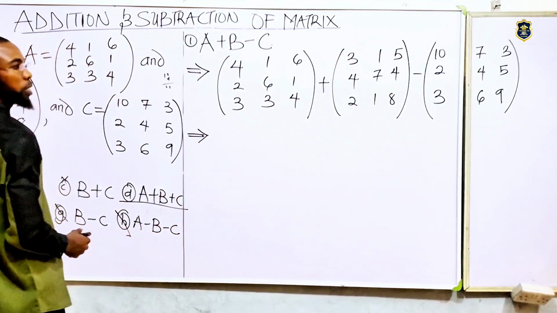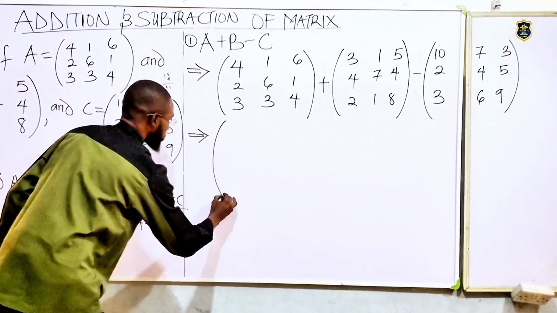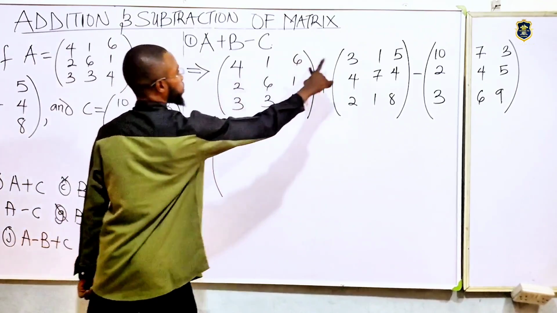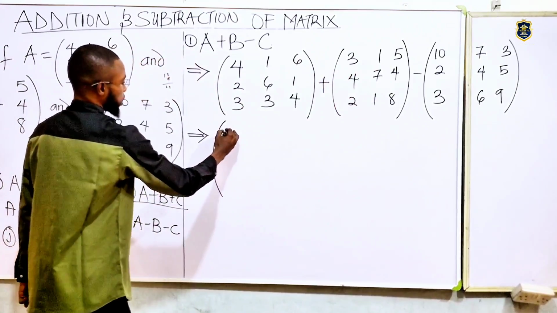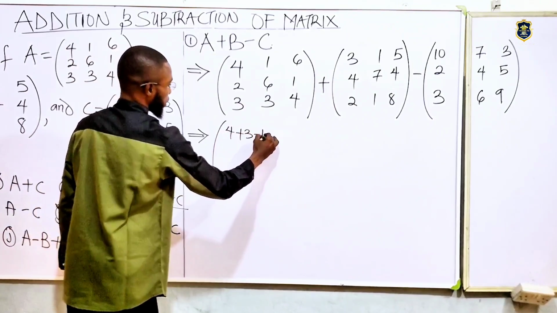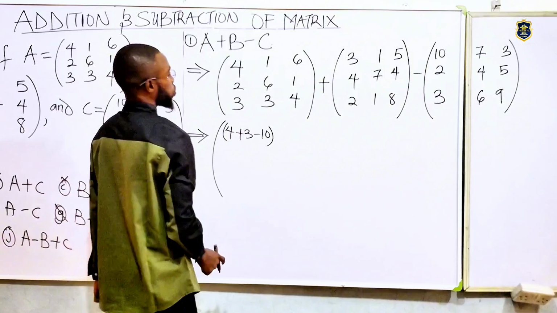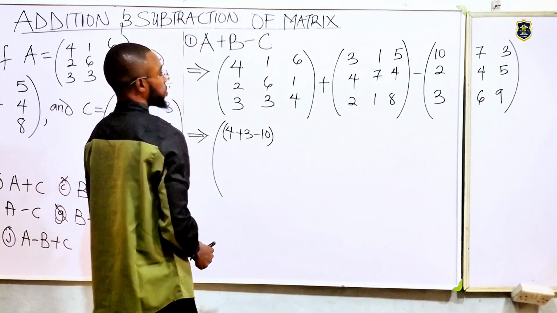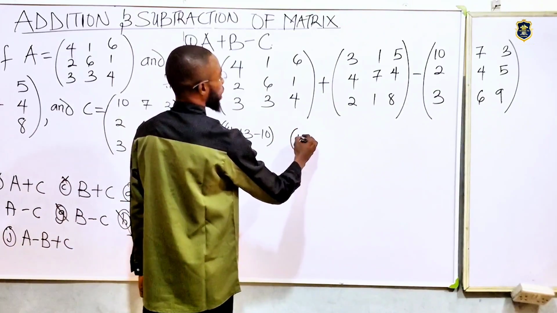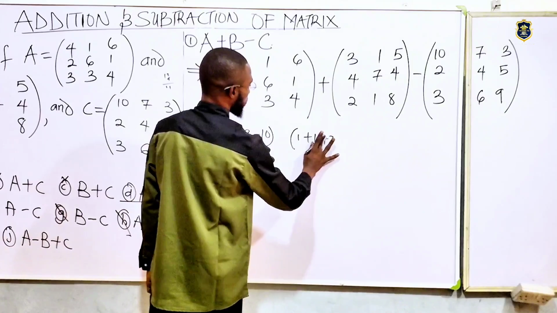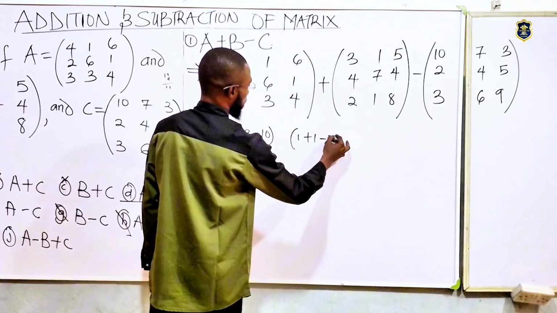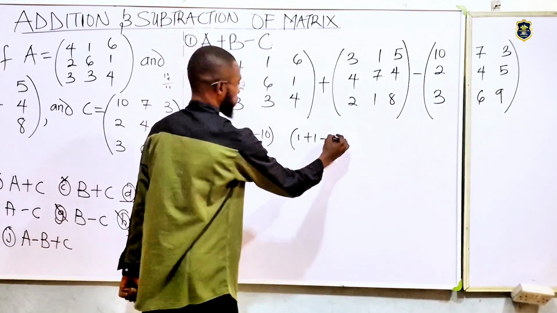So if we are doing this, let's add. We have 4 plus 3 minus 10 for the first. For row 1, column 2, it becomes 1 plus 1 minus 7, because we have minus from there.